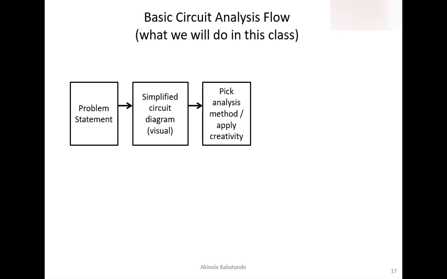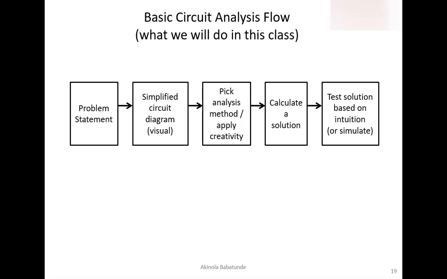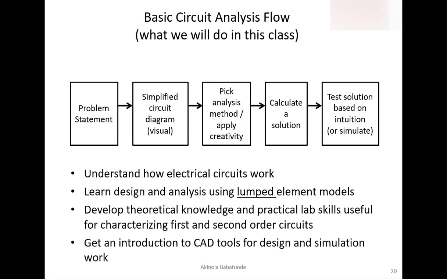So we'll pick the one that is most usable with the problem statement, and then we apply it creatively and see how we can eventually come up with a solution. So we calculate a solution at the end of the day, and then we test our solution based on our intuition, or we simulate the solution.